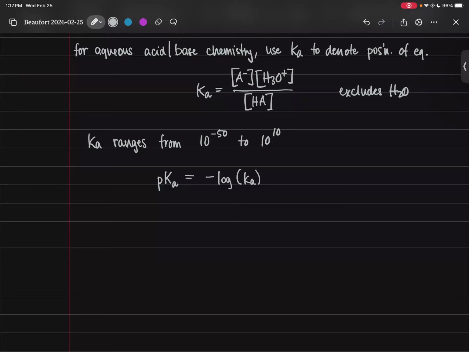That should look familiar. And so really what this just does is allows us to play with the exponents only. So that gives us pKa ranges from minus 10 to plus 50.